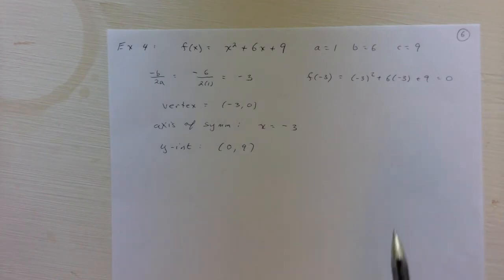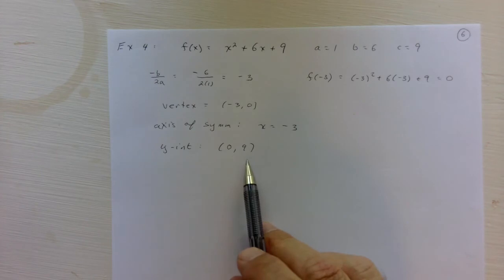A is 1, B is 6, C is 9. You plug in minus B over 2A, you get negative 3. And you plug in negative 3 into F, you get 0. So the vertex is negative 3, 0. So that also shows you that the vertex is also going to be an x-intercept. And when you think about that, that should indicate that it will be the only x-intercept. The y-intercept is 0, 9.